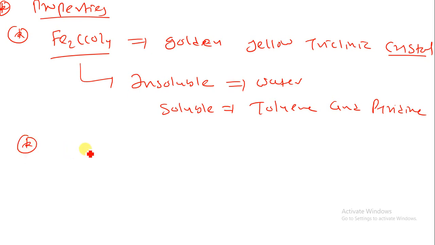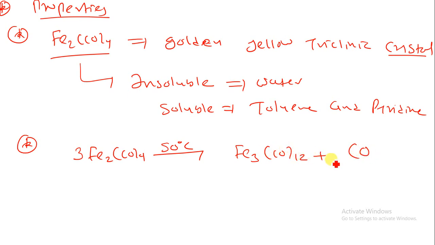Now when Fe2(CO)9 is heated to 50 degrees Celsius, it will decompose and produce Fe3(CO)12 by the removal of CO. Now let us balance: twice Fe3, that is 6 Fe, and here also 6 Fe. 3 into 9 is 27, and here 2 into 12 is 24, and 24 plus 3 is 27.